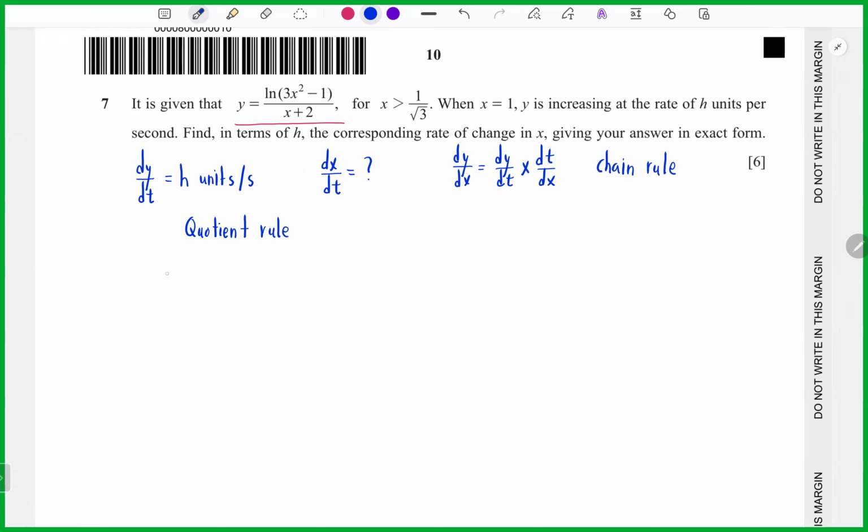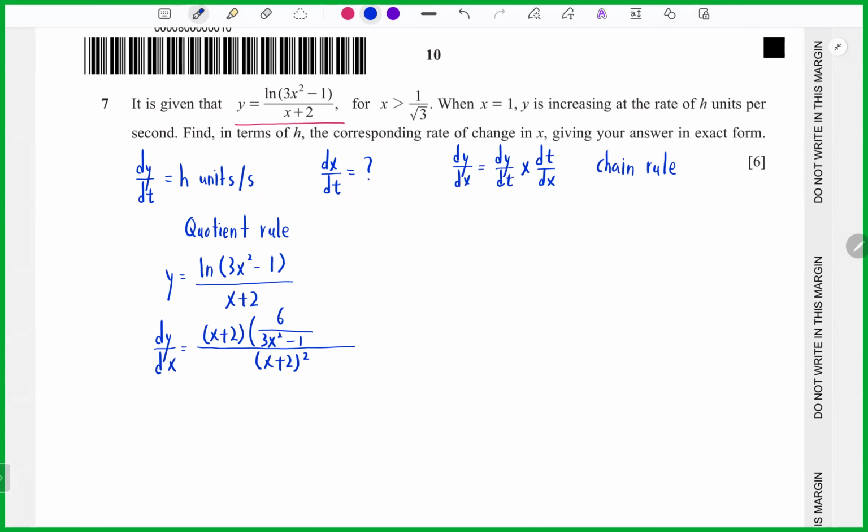Okay, so you can write here y equals ln((3x squared minus 1) over (x plus 2)). dy/dx equals, okay, (x plus 2) squared. Copy it here again, bracket over 3x squared minus 1.